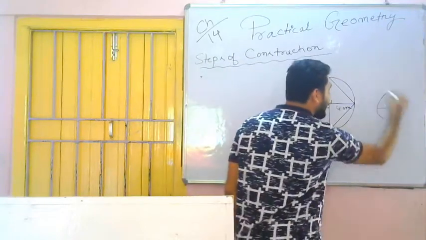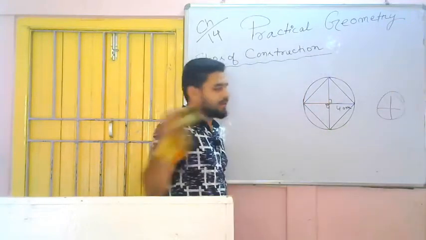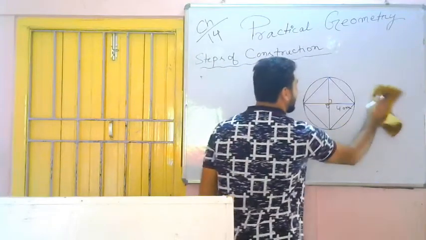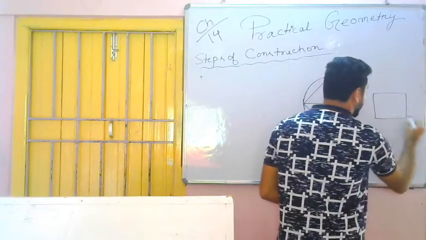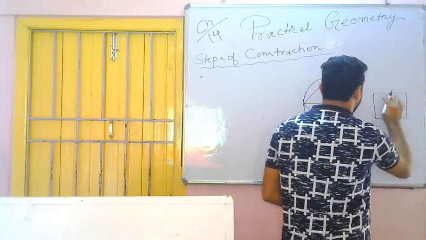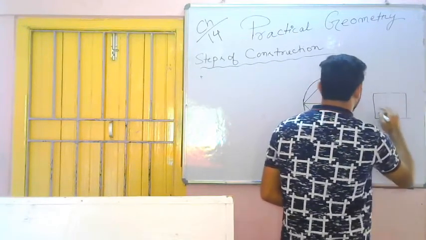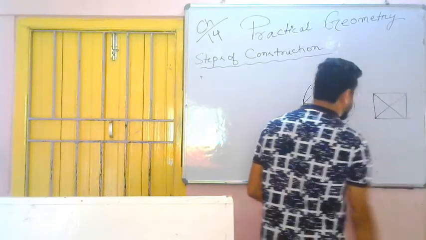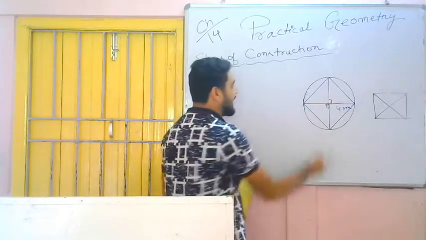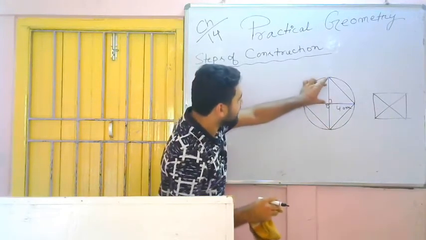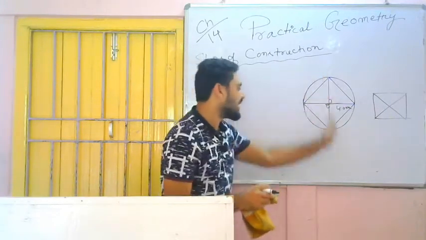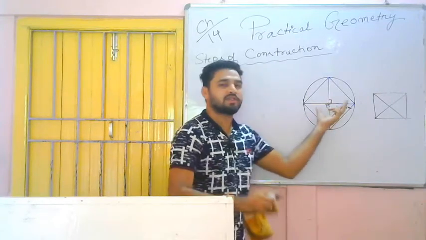We know that in a square the diagonals are equal. And here the diagonals are equal, because this diagonal and this diagonal are the same, since the diameters of a circle are the same.